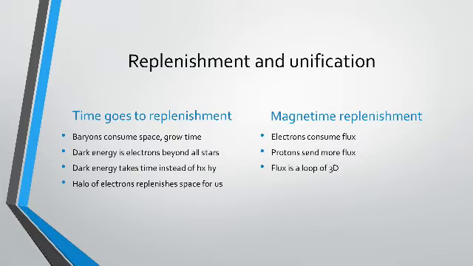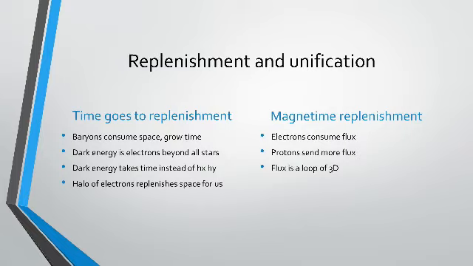So the radical concept really here is just that dark energy takes time instead of Hx, Hy. Those electrons are accepting time instead of being related to a proton. And they emit, therefore, space instead of emitting magnet time.